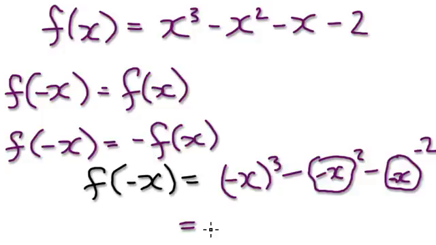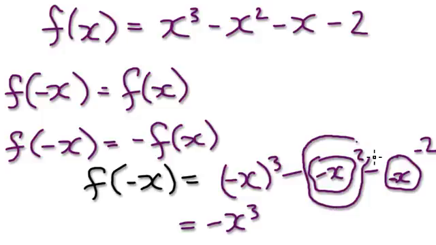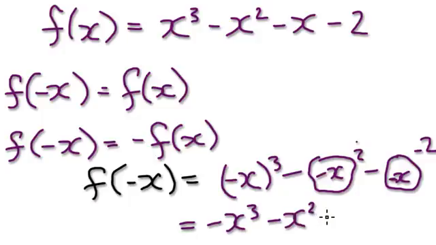So this whole thing here becomes negative x to the power of 3, and remember that you have to do this first, and then you take into account the negative sign. So doing this first will give you positive x squared, and then you've got a minus here, so it would be minus x squared.